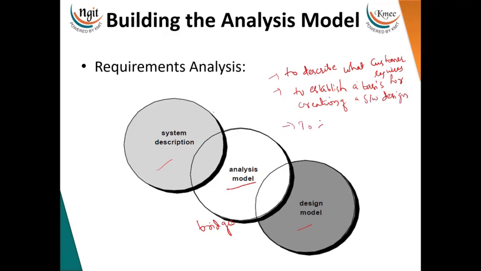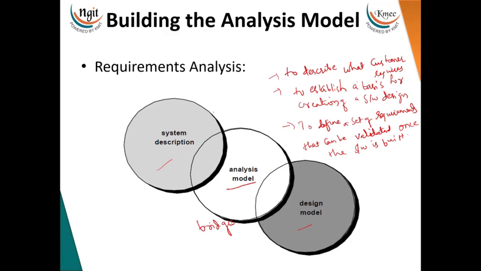The third one is to define a set of requirements that can be validated once the software is built. So the analysis model must achieve these three primary objectives.